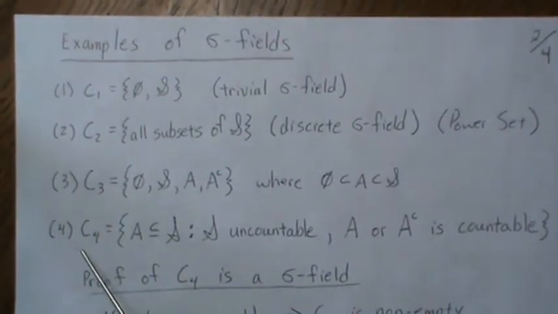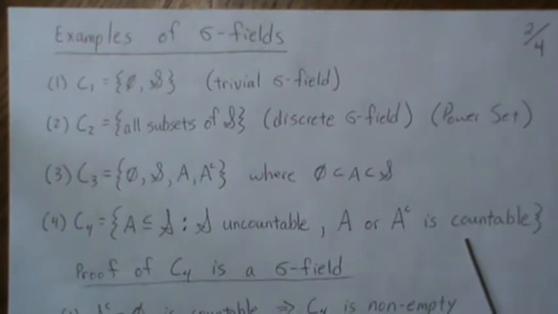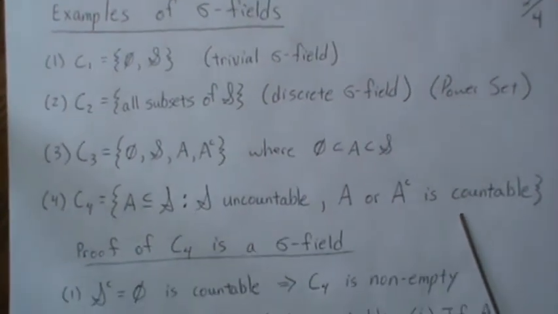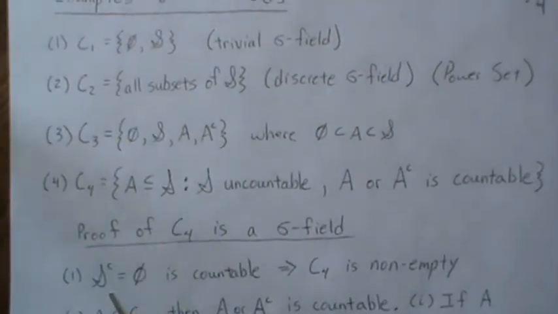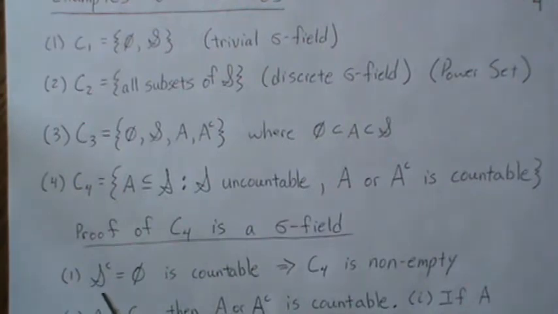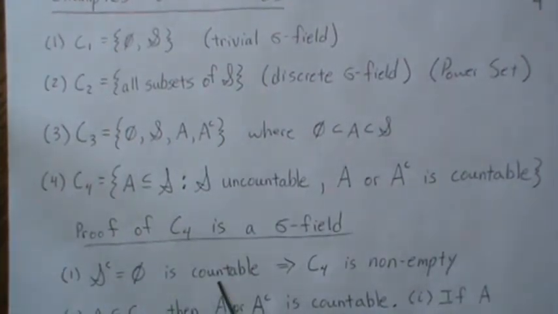So how do we show that this class is a sigma field? Well, it has to meet the 3 requirements. The complement of S is the null set, or the empty set, and it's countable, so that means C4 is non-empty because those 2 are in it.